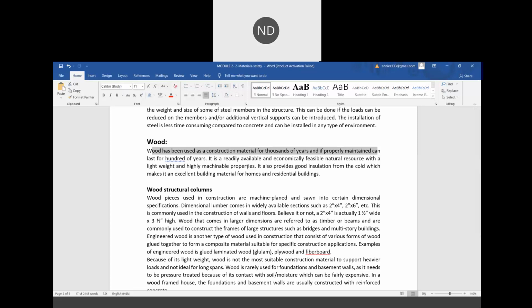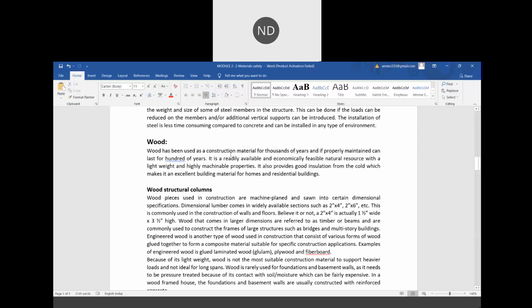Let me see one thing. So you have what? These are your wooden structures. These are all the theory portions.